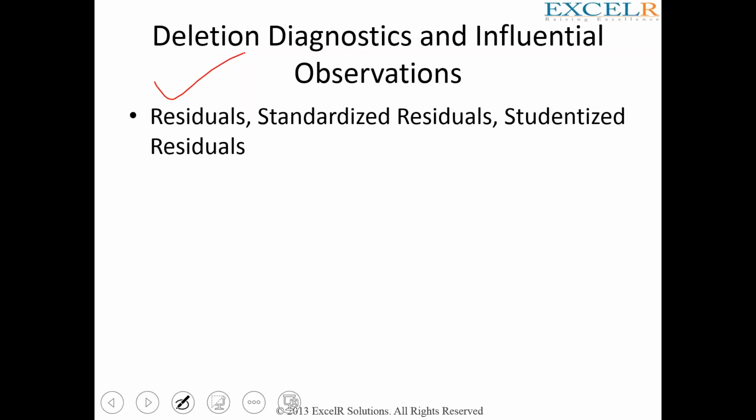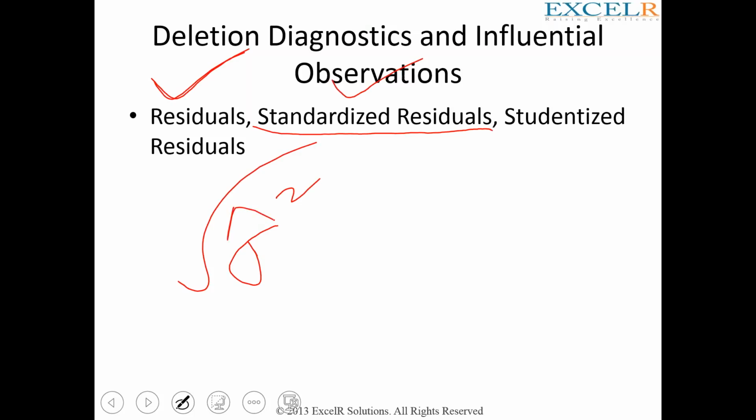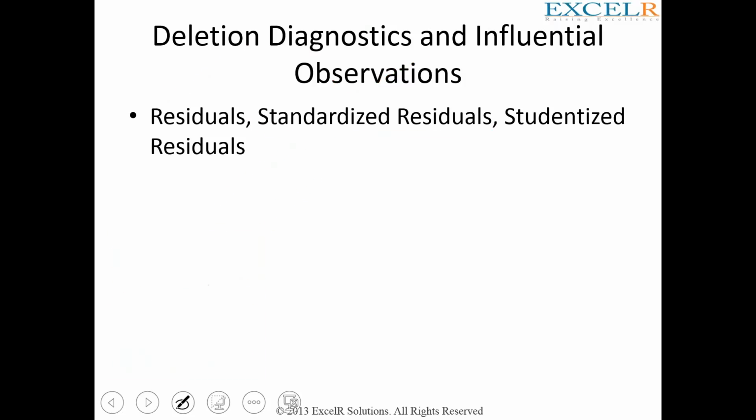You divide your residual by standard deviation to get the standardized residual. However, you will never come to know the variance value or standard deviation, the square root of which would be the standard deviation, of the population. Hence, you estimate your standard deviation and then divide it. And that is called a studentized residual.